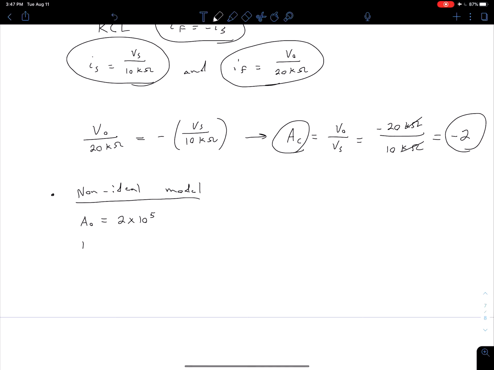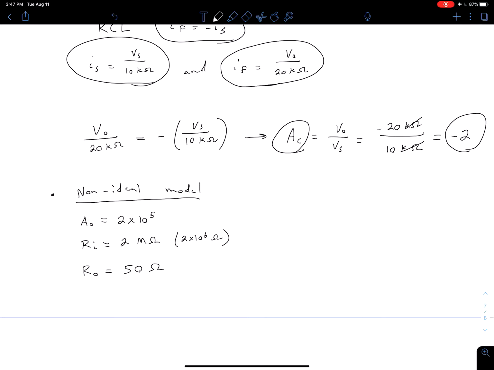We're told that our input resistance for our real op-amp is 2 mega ohms, so that's 2 times 10 to the 6 ohms. Ideally that's infinite, but in this case, not quite infinite, but still pretty large. And then finally, for our real op-amp in the textbook, we have an output resistance R naught of 50 ohms. Ideally, we said our output resistance is 0, but we can see 50 ohms is pretty small.